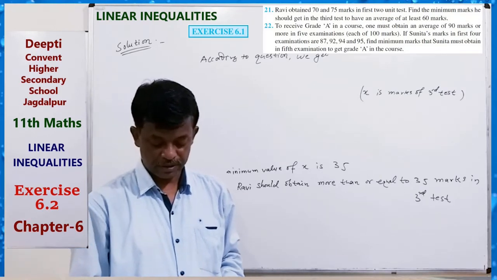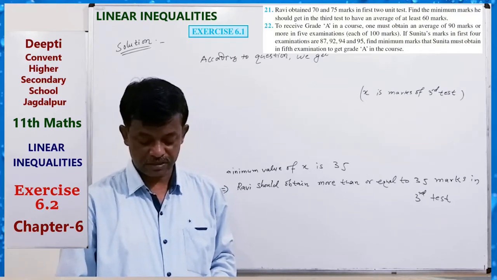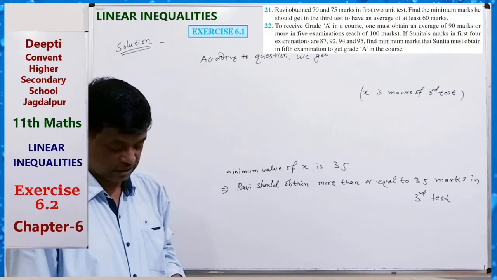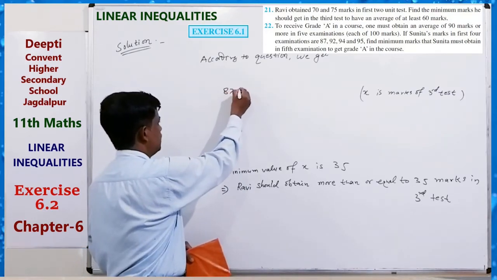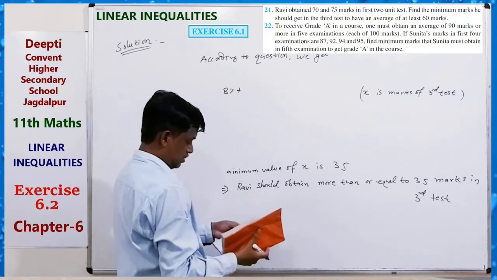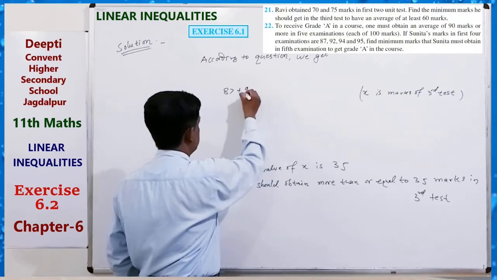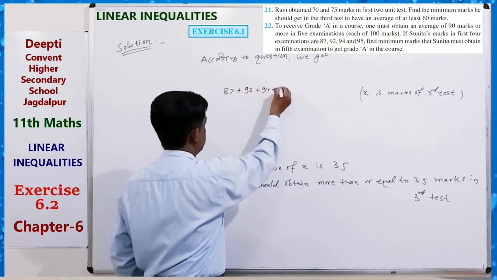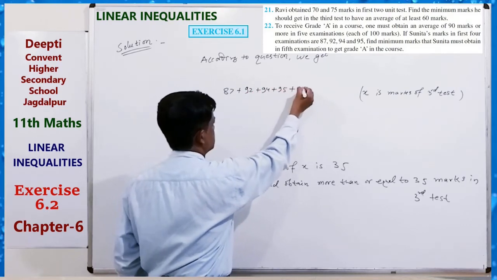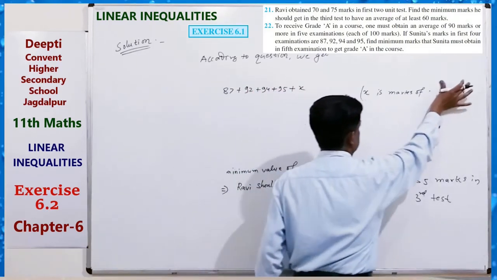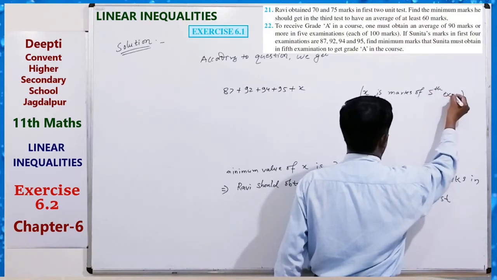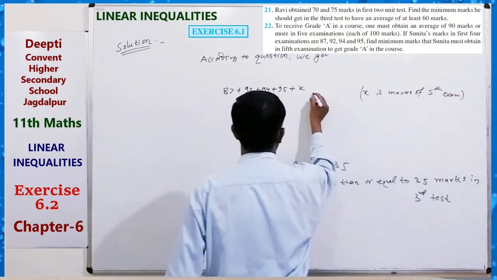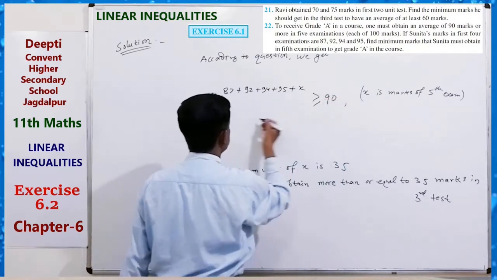If Sunita's marks in the first 4 examinations are 87, 92, 94, 95, and in the fifth exam suppose x, then the average is greater than or equal to 90, that is, the sum upon 5 is greater than or equal to 90.